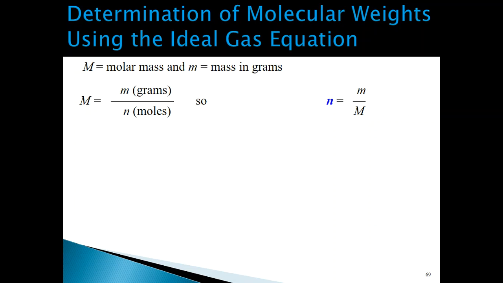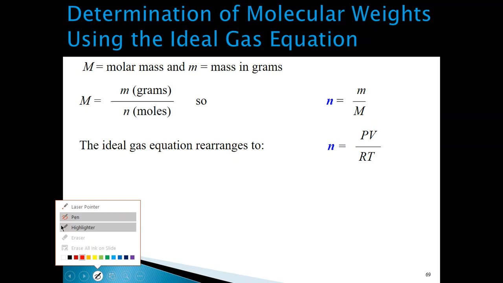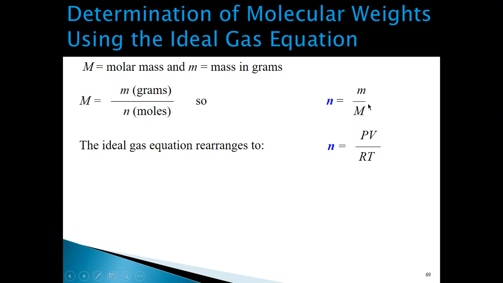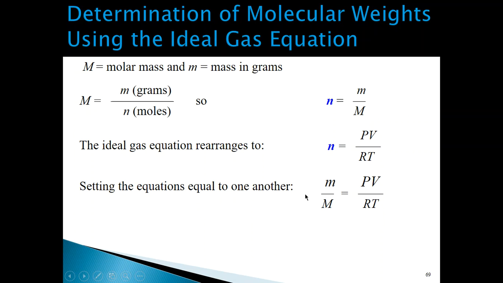As far as the ideal gas equation is concerned, we can also rearrange it to get an expression for n. In that case, n will be equal to PV over RT. So we can equate these two equations because they're both equal to n. When we do that, we get this relationship: lowercase m divided by uppercase M is equal to PV over RT.